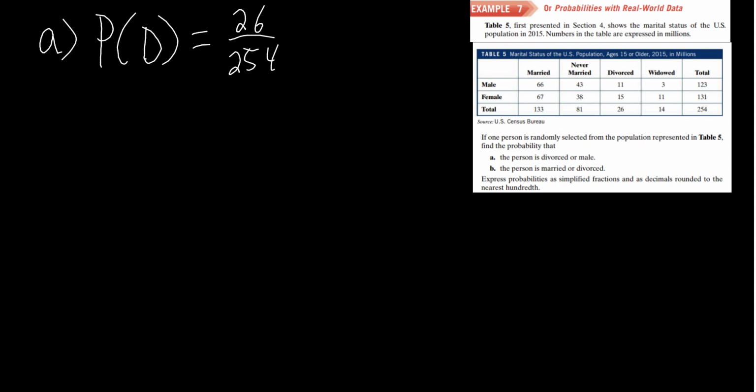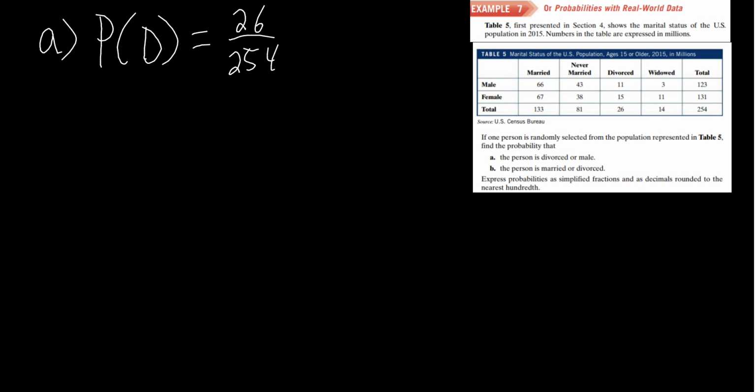Now, real quickly, we're not going to worry about reducing this fraction now because chances are we're going to be using that denominator of 254 for the other part of our probability here. I don't want to reduce that fraction down because I'm just going to have to use 254 as a denominator for the other probability.